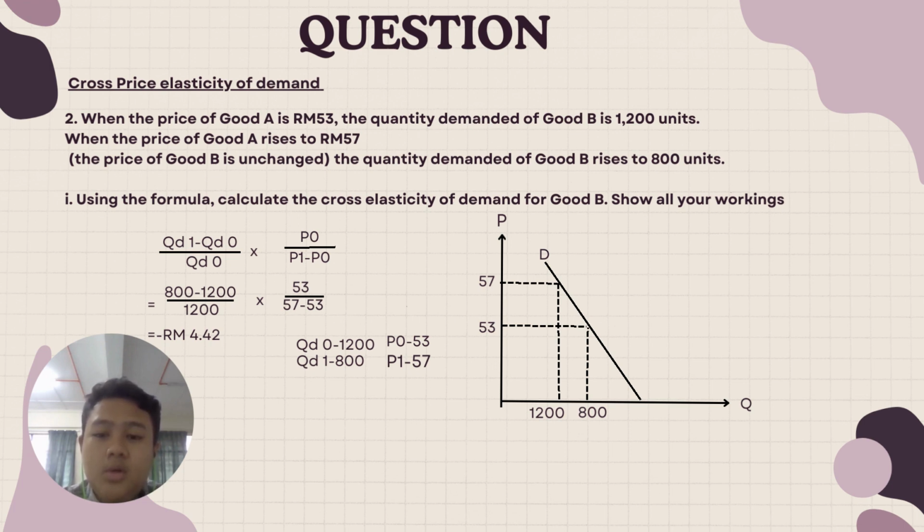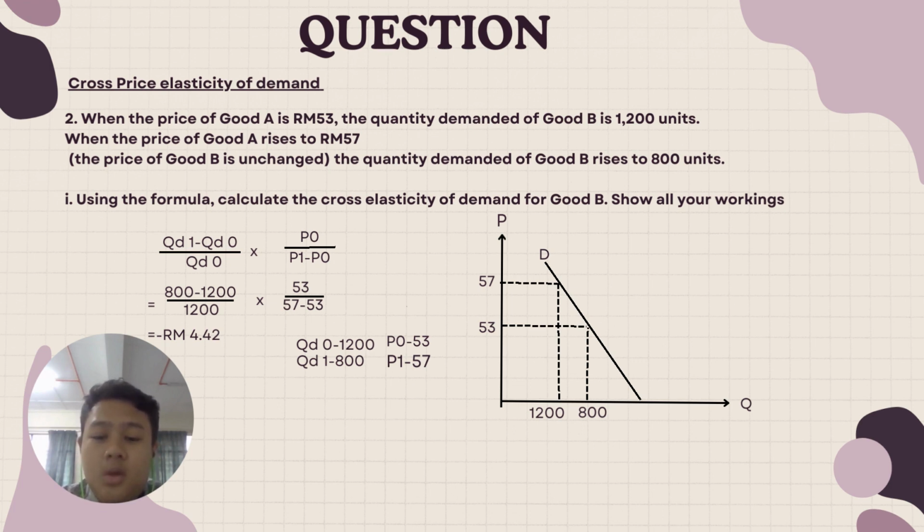On this question, we must use a formula. The formula is new quantity demanded minus old quantity demanded, divided by old quantity demanded, and then times old price, divided by new price minus old price.